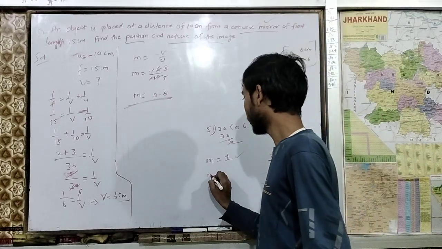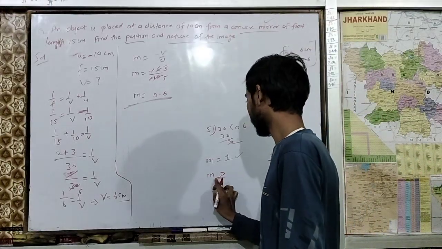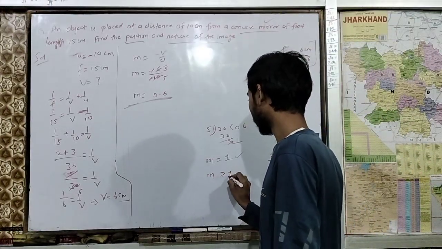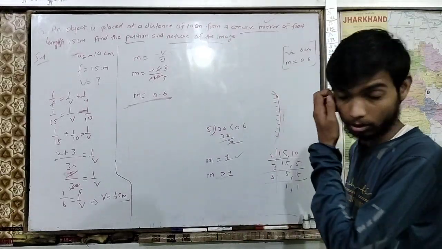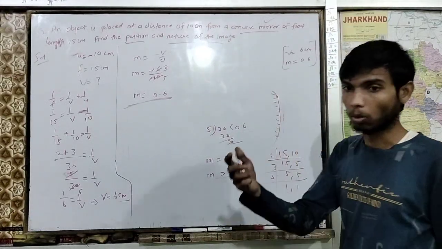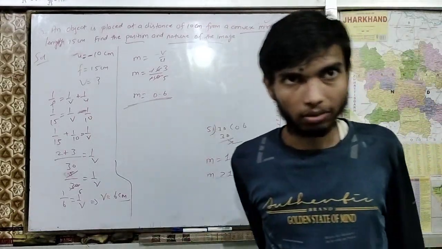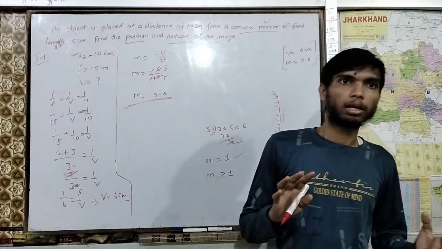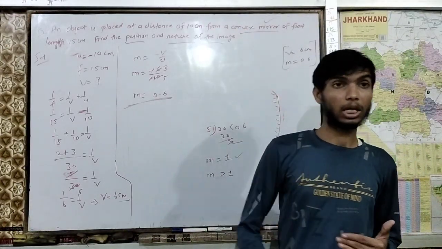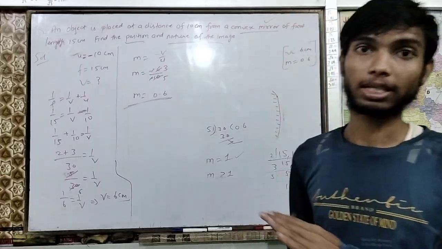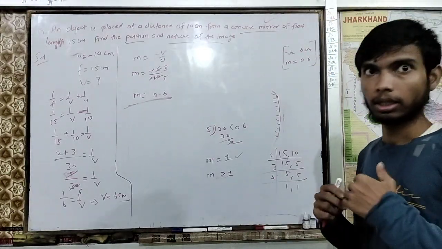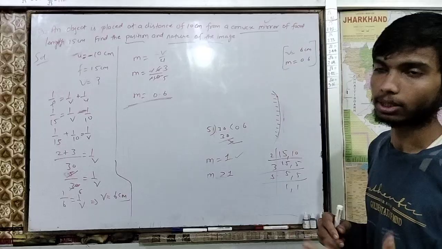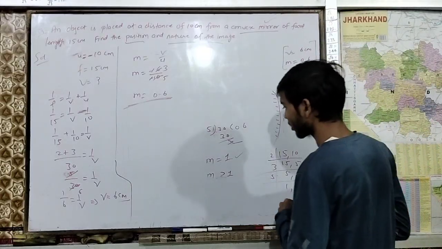What if m is greater than 1? M can be 1.1, 2.5, 10, 15. If m is greater than 1, it means our image is enlarged compared to the object.